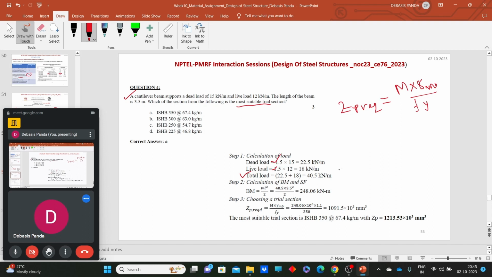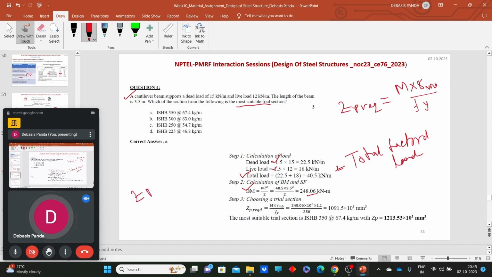So total load will be equal to the total factored load. Okay. Now we can calculate the bending moment. Suppose this is a cantilever beam. So bending moment is WL square by 2, that comes as 248.6.